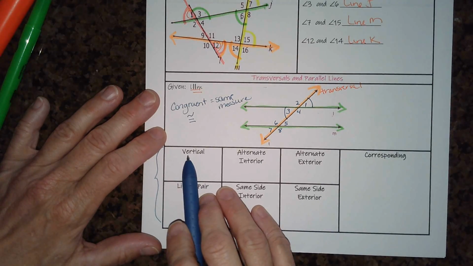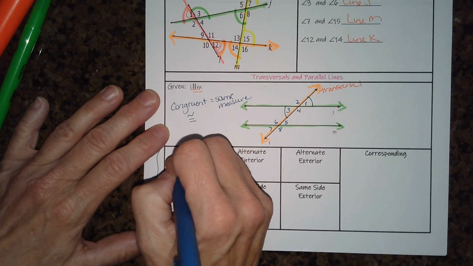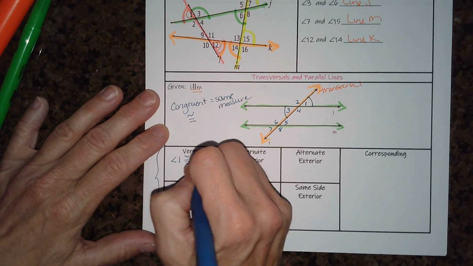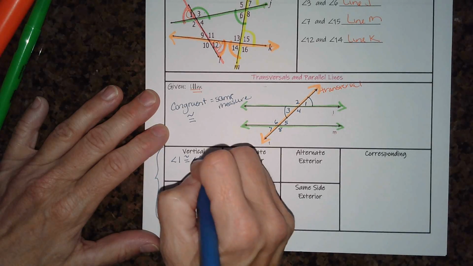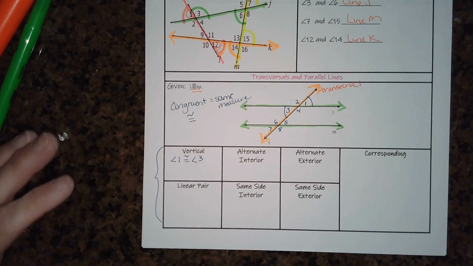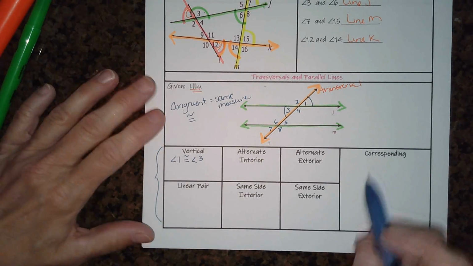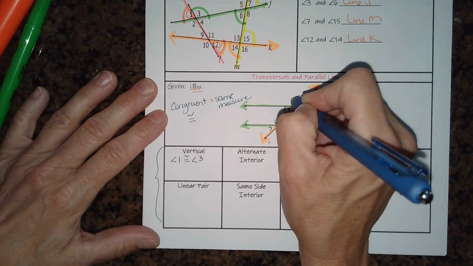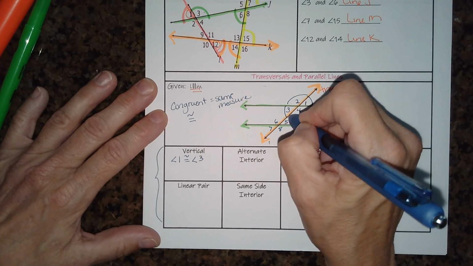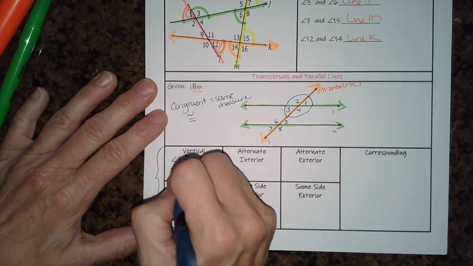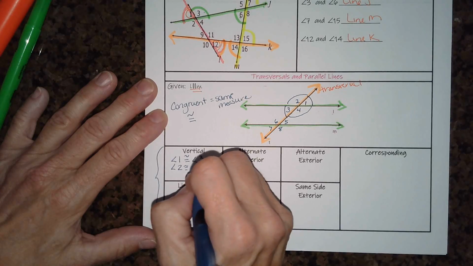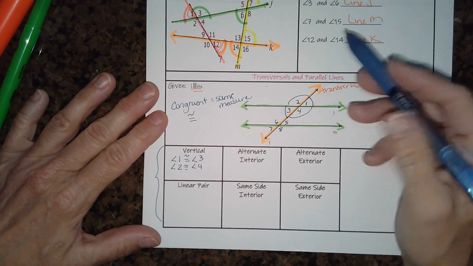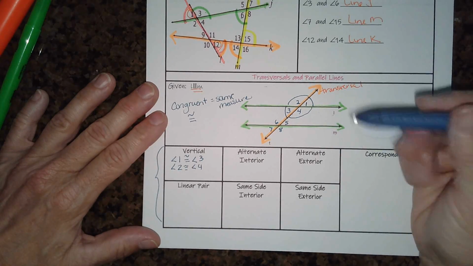So vertical angles, one pair is angle 1, and we'll say that it is congruent to angle 3. So that's one pair. We have another pair, angle 2 and angle 4. So angle 2 is congruent to angle 4. Angle 2 and angle 4 are vertical angles, so they are congruent. They have the same measure.